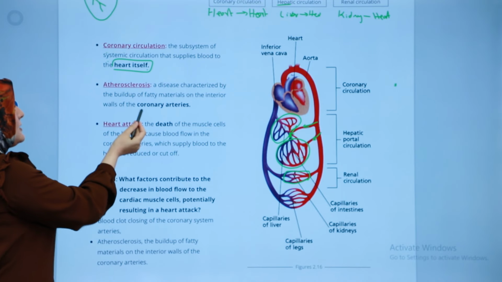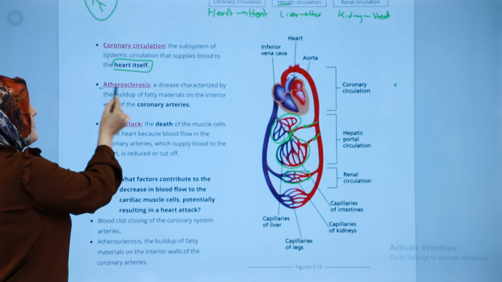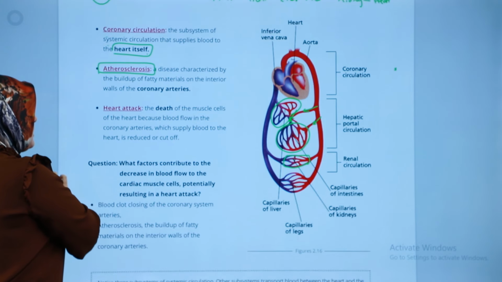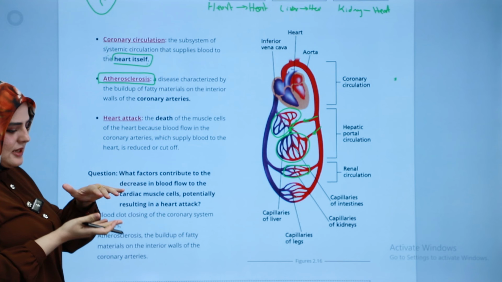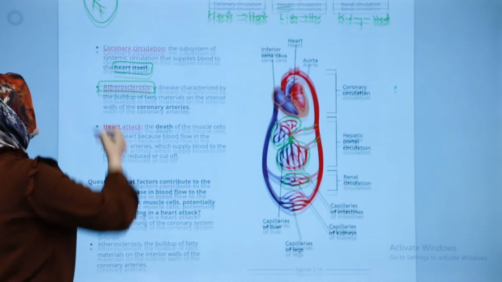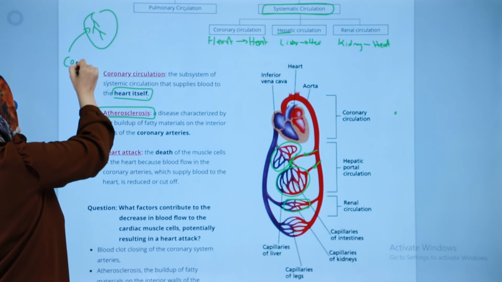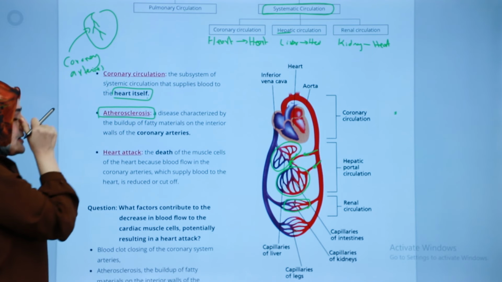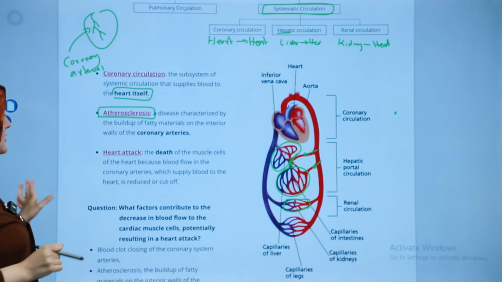So, there are multiple methods for that to happen. One of them is atherosclerosis. It's a disease where a lot of fat is going to deposit in the coronary arteries. These are coronary arteries. Coronary veins are present too, but they're not that obvious.